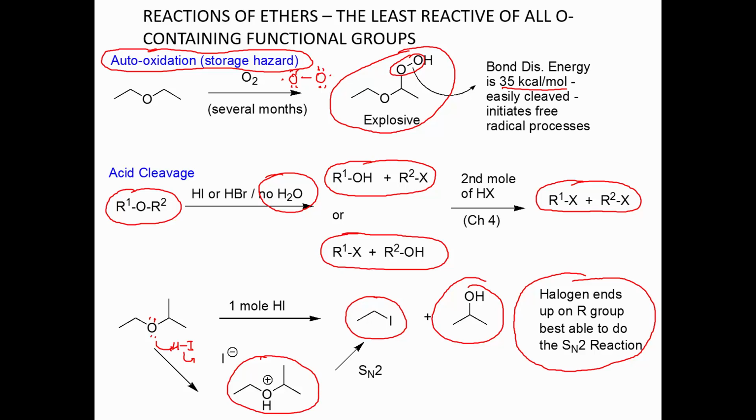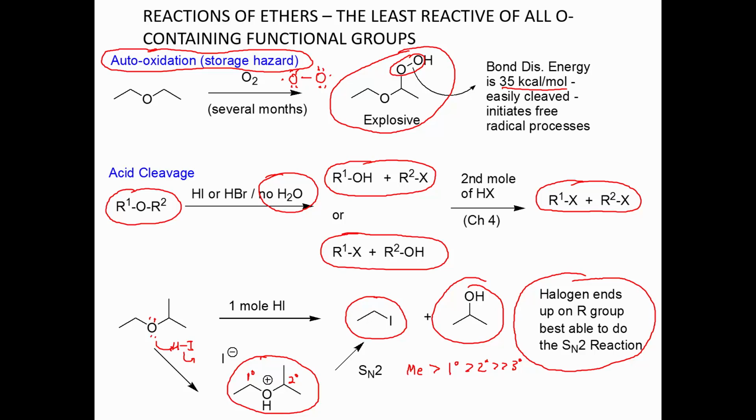What happens now, in the second step of this process, is an SN2 reaction. This carbon is primary. This carbon is secondary. We've known for a long time that for SN2, methyl is favored over primary, favored over secondary, much better than tertiary.